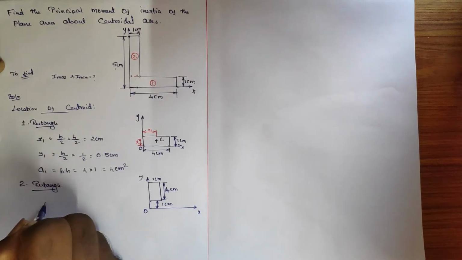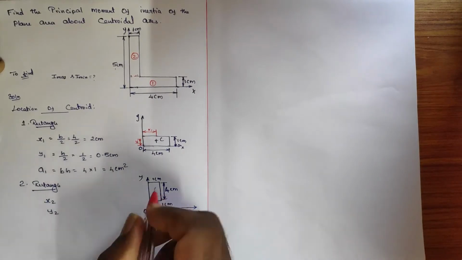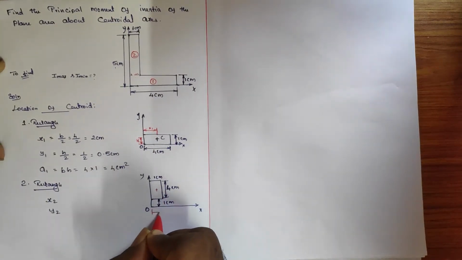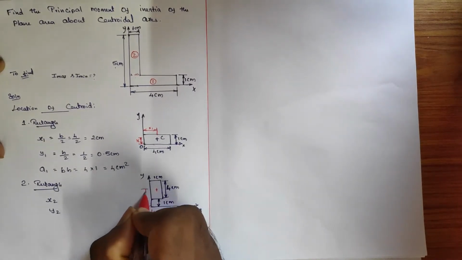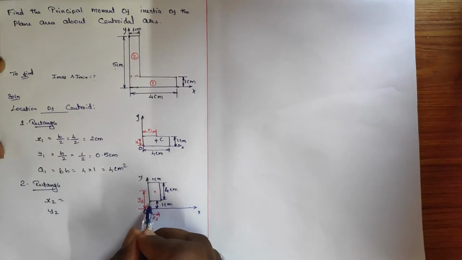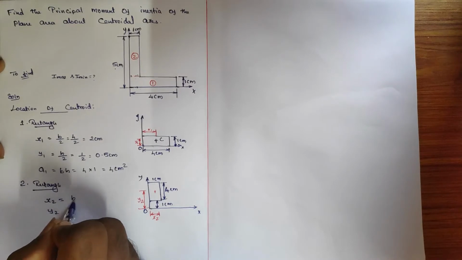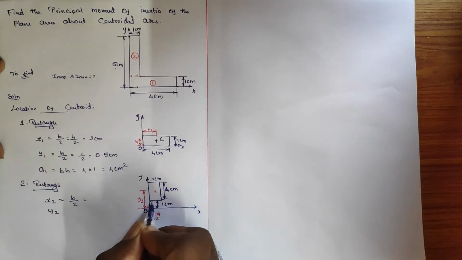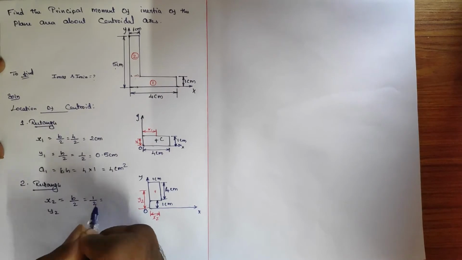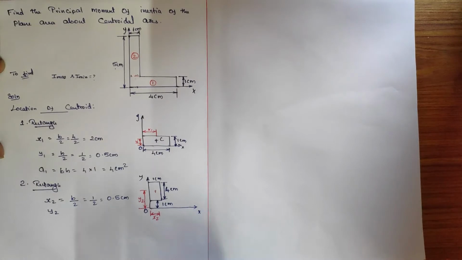Now identify X2 and Y2. It's a centroid. So this is the X2, and Y2 is from O, so this is the Y2. This one we are going to find out. X2 is equal to, it is just beginning from O, so self-centroid, length b divided by 2, so b is 1, 1 divided by 2 is 0.5 centimeter. Okay, 0.5 centimeter.